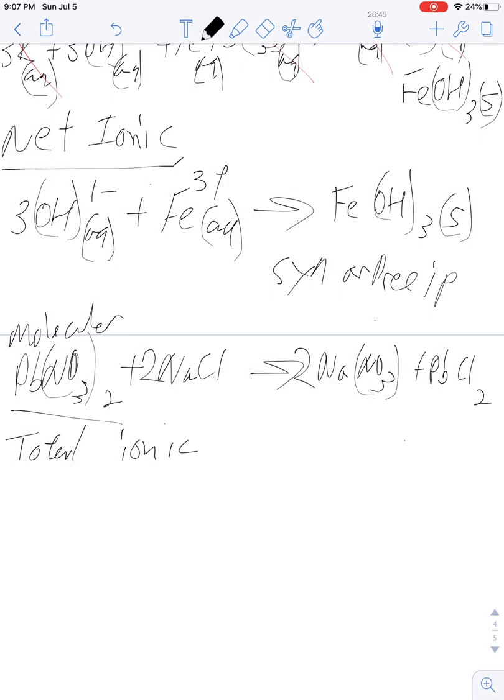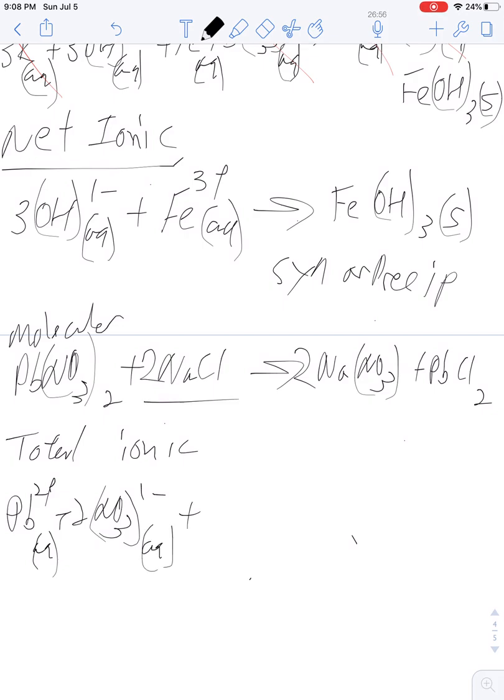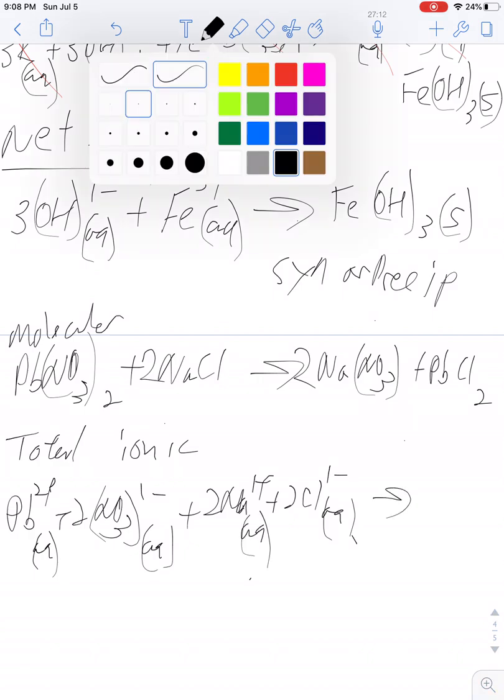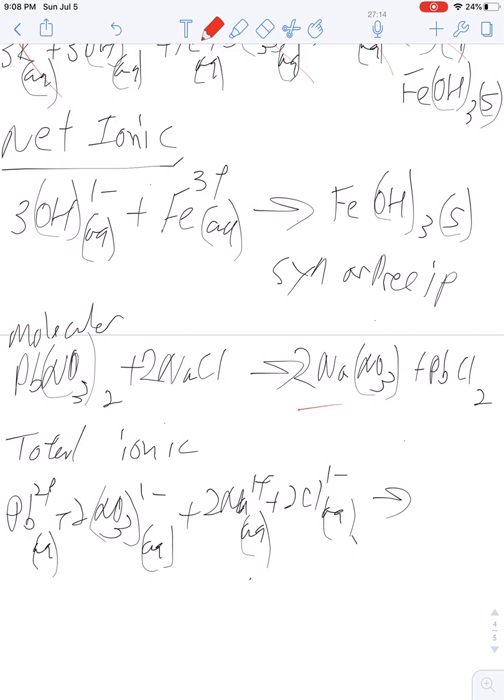All nitrates break apart. All chlorides break apart, except for 4 chlorides: silver, lead, mercury, and copper 1. On the product side, we know that all nitrates break apart.